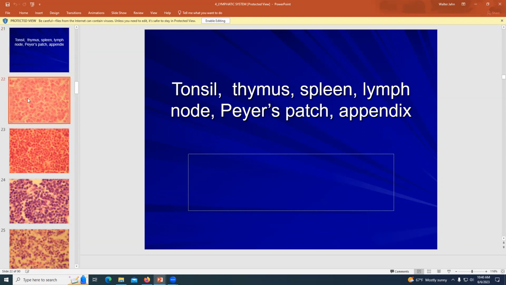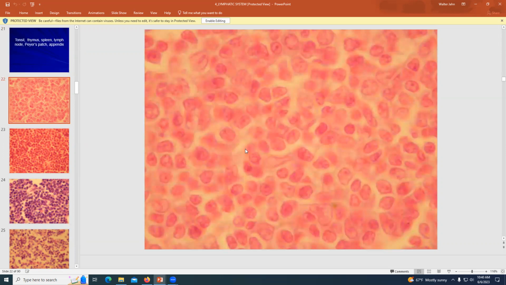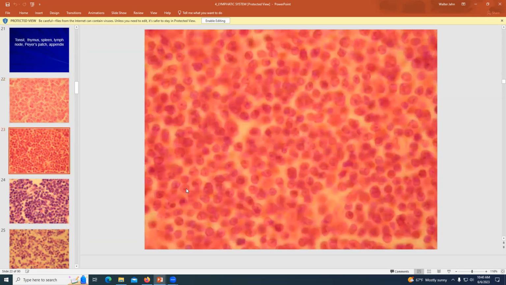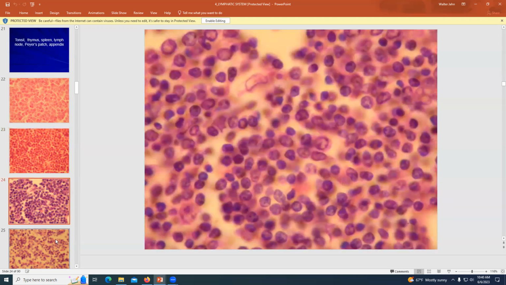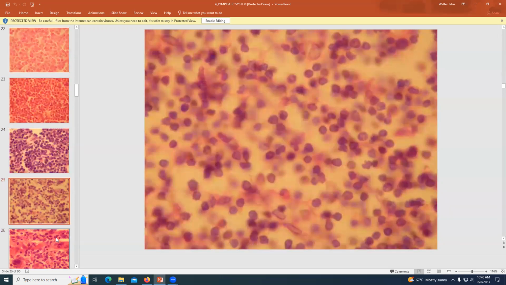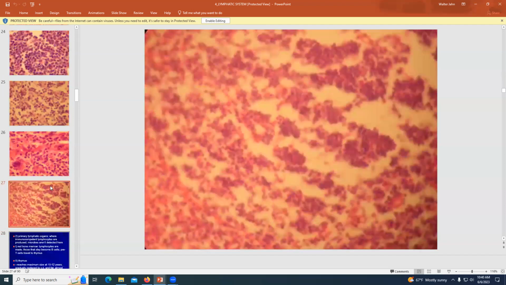If I show you the tonsil, what are you seeing here? Gobs of white blood cells, just white blood cells everywhere. If I show you the thymus, what are you seeing? Gobs of white blood cells. The same with the white pulp of the spleen, the lymph node, the Peyer's patch, or the appendix.